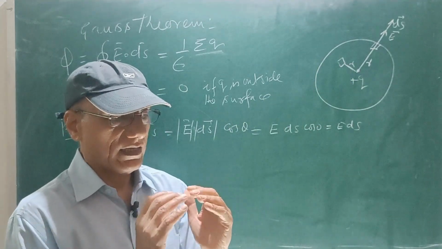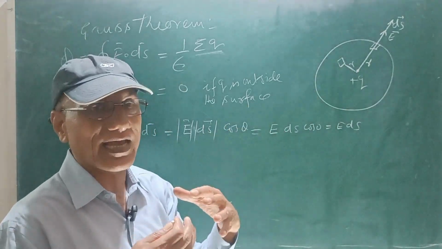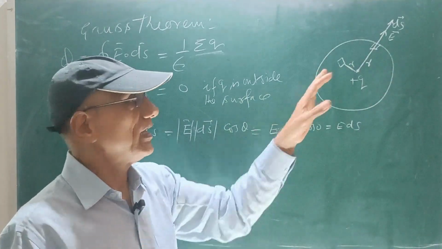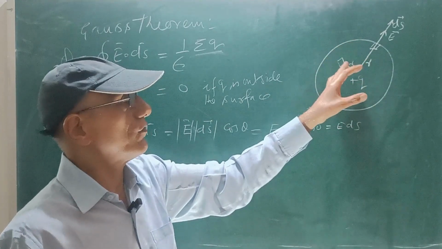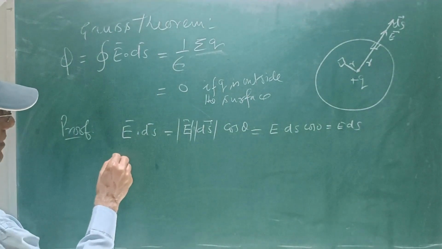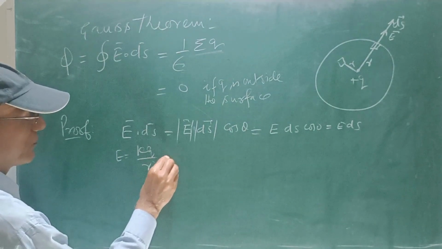But again, it is on the surface itself. It is not in between or inside. So the distance R of each patch, wherever it is, is always R. So don't get confused with this. So here, electric field E is KQ by R square.